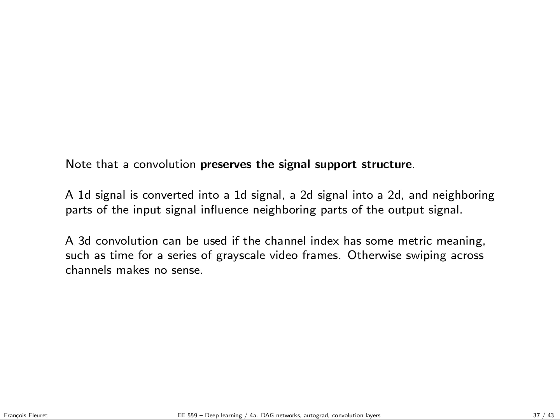So for instance, imagine that now you have a multispectral image where the channel makes sense because it's a frequency at which you are capturing the signal. It may make sense to actually swipe across frequencies, but it's often not the case. So the most standard operator is 2D convolution, where the filter has as many channels as the input.